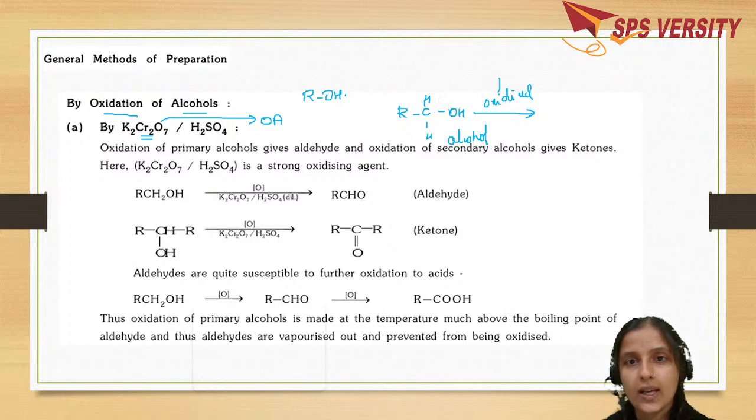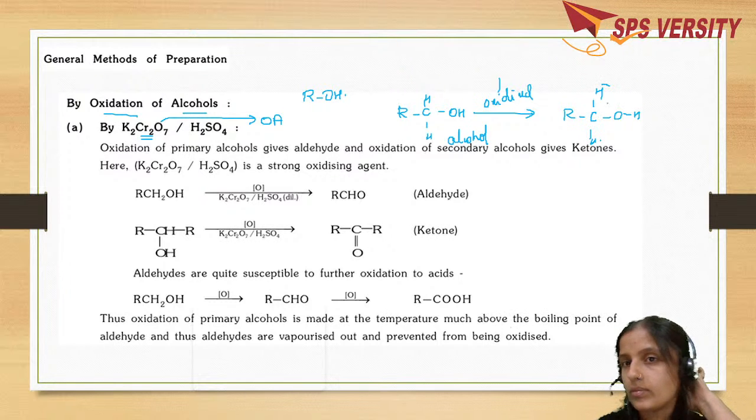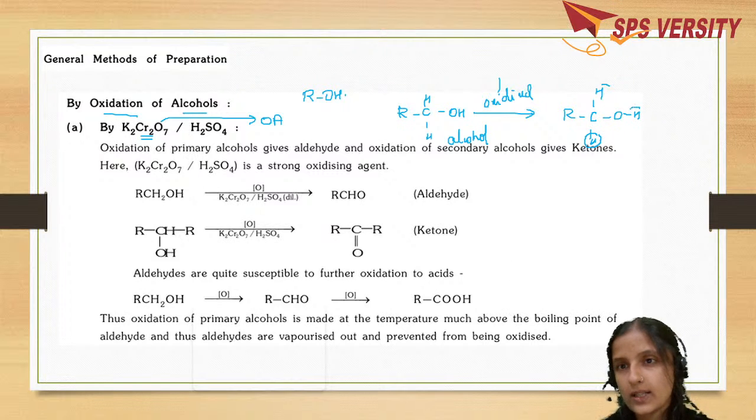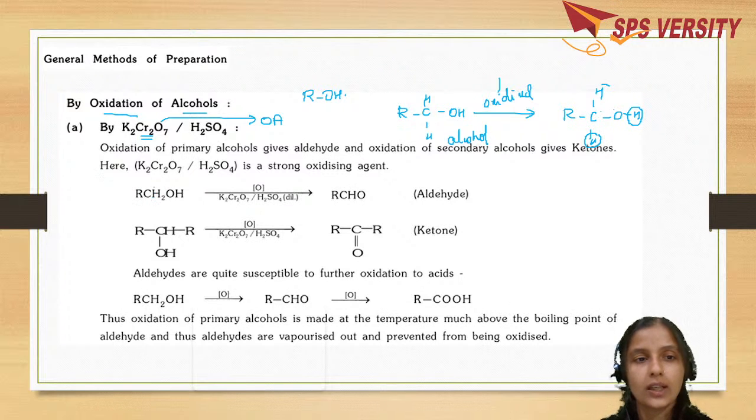What is going to happen is, RCHO, if this is a structure, the removal of the hydrogens takes place over here, resulting in the formation of an aldehyde. Here you get a double bond. So if you start with the primary alcohols, that is, the alcohol OH attached to a carbon containing 2 hydrogen atoms and 1 alkyl group, then it is called a primary alcohol.